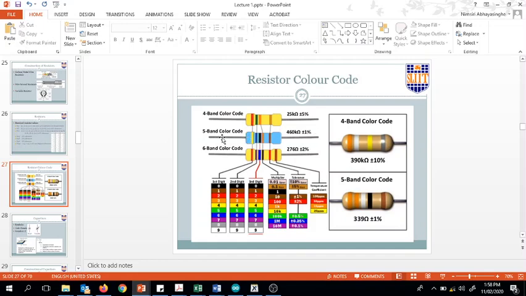Now the 5 band. In 5 band, the first 3 numbers go as they are, the 4th is the multiplier, and the 5th is the tolerance.